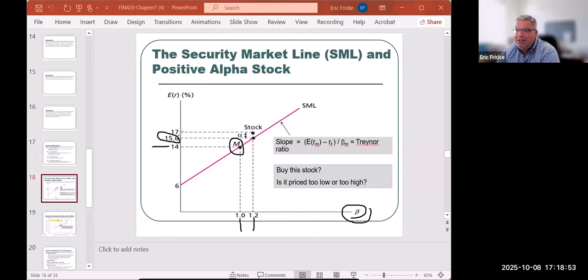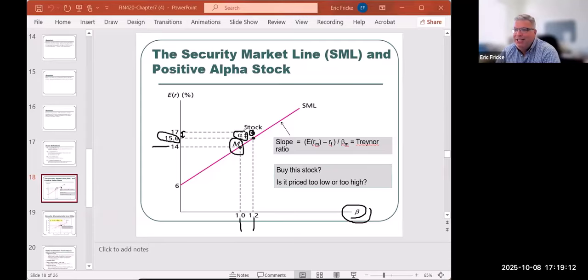And if by chance you're a good stock picker and the stock ends up beating what CAPM predicts, and maybe it plots up here on this chart, any amount of return above what CAPM predicts, 17 instead of 15.6%, we're going to call that alpha.